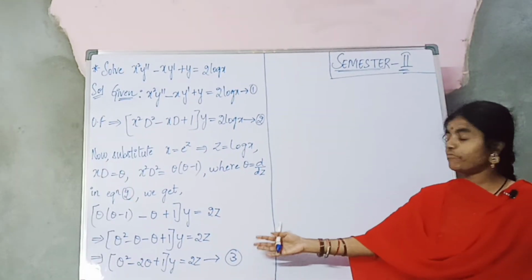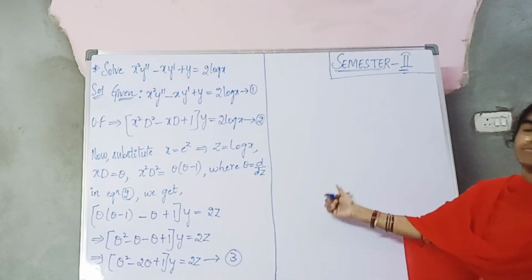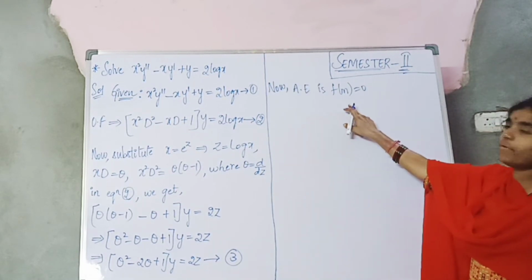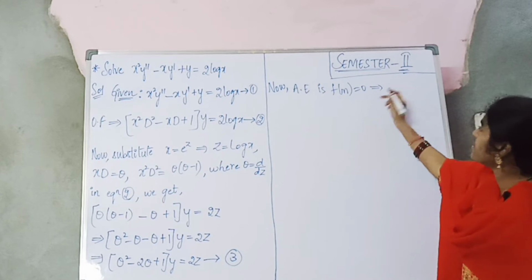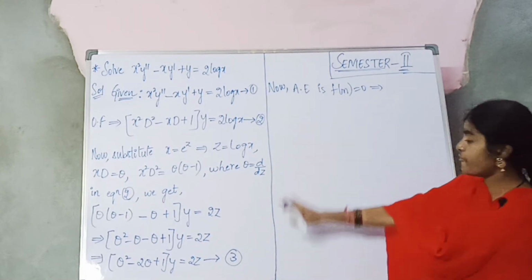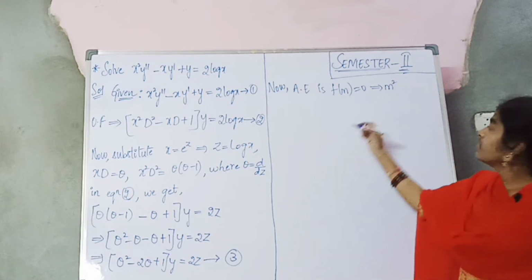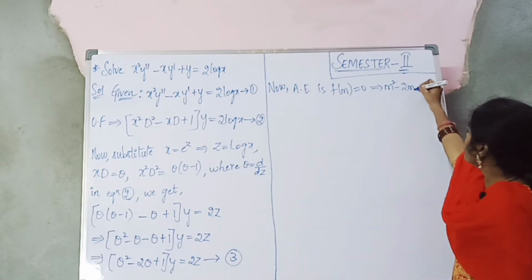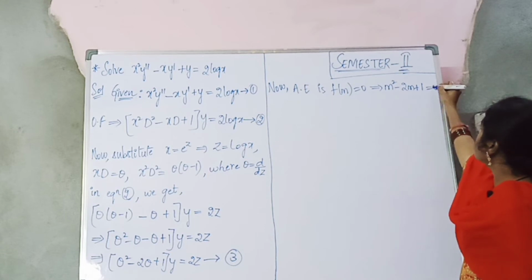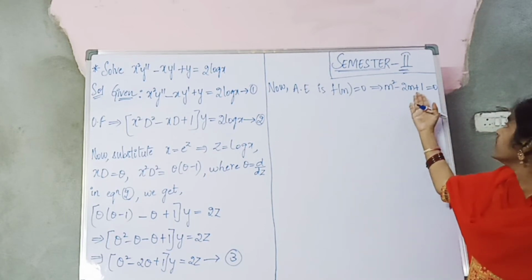After that we have to find the auxiliary equation. The auxiliary equation is f(m) = 0. So what we get here is m² − 2m + 1 = 0. Now we have to find roots for this equation.